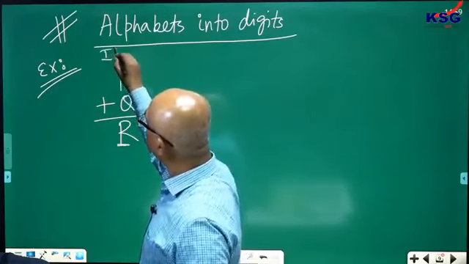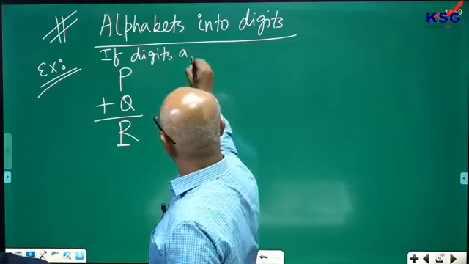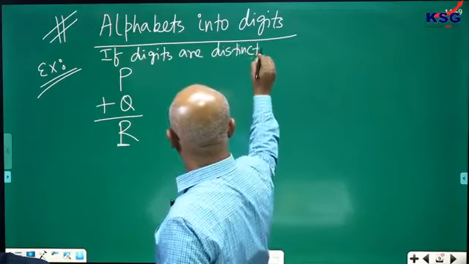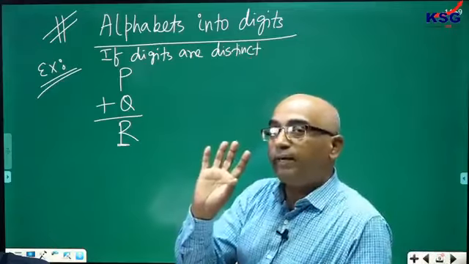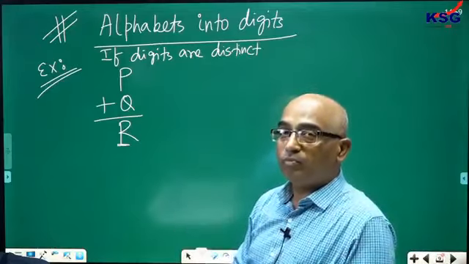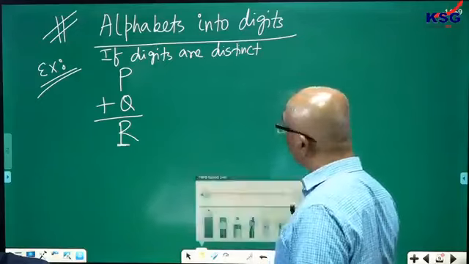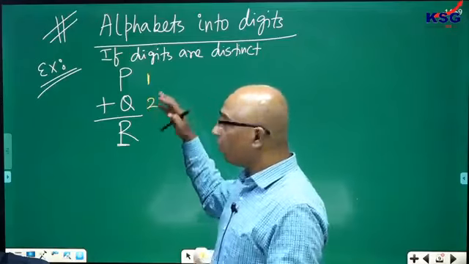If digits are distinct, students, think about the minimum value of P and Q. If P is 1, Q can be 2, or vice versa.